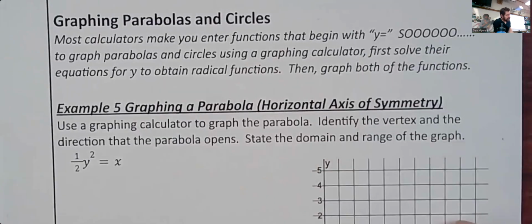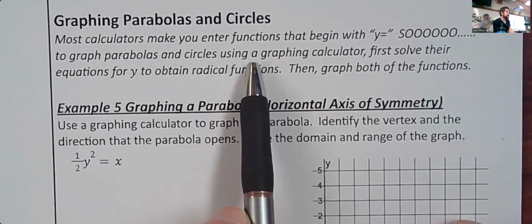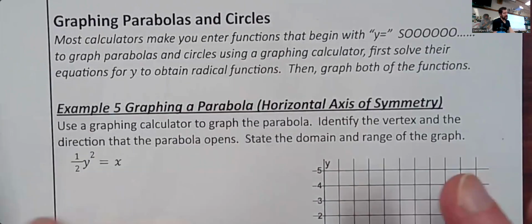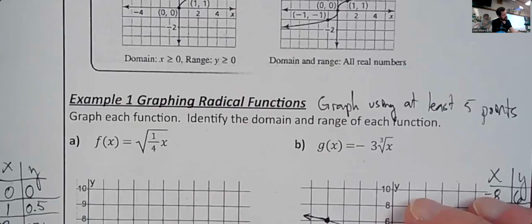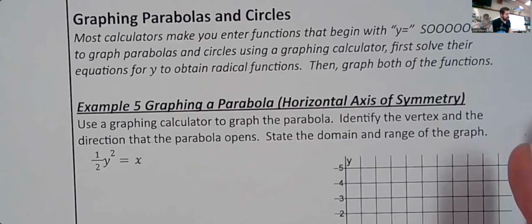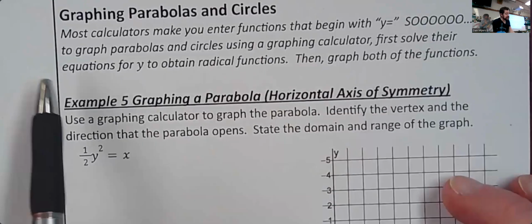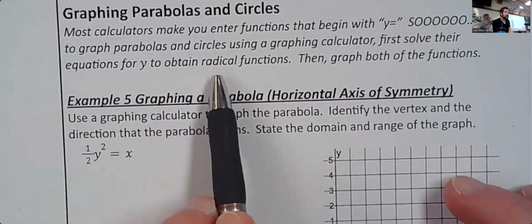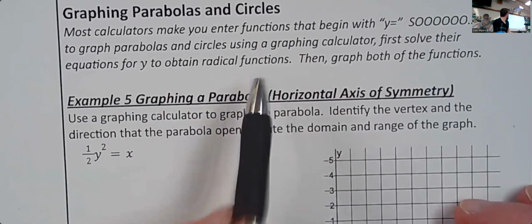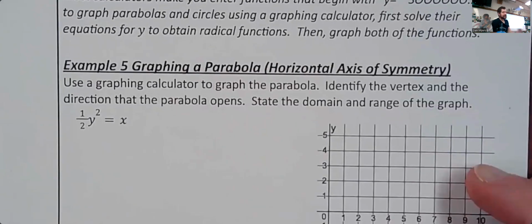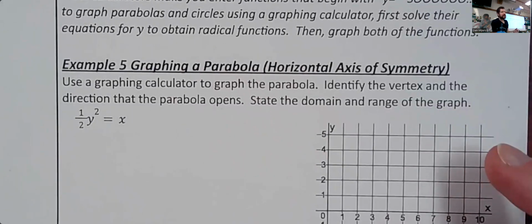So to graph parabolas and circles, this is going to apply to the next problem as well in the back. I think we only have 2 problems left. Yeah, we're almost done. To get these on a graphing calculator, you have to first solve the equations for y to obtain radical functions. So when you graph a sideways parabola or a circle, you're going to end up typing that in as 2 separate functions on your graphing calculator.